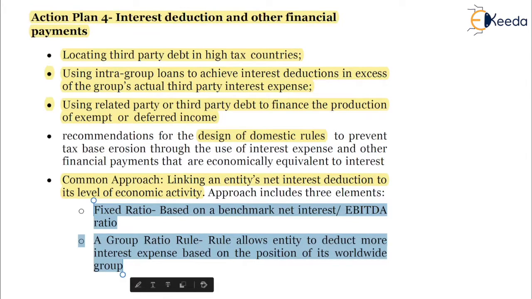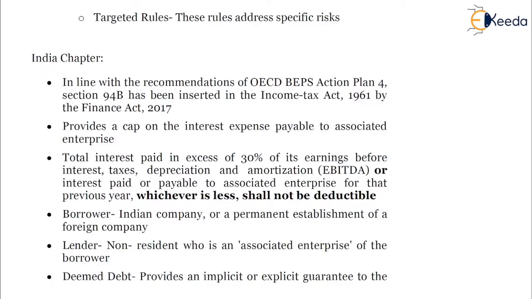In an example, if the overall group ratio, which is global level, worldwide level, is positive, then interest expense will be allowed as 100%. Right? So based on the group ratio rule, the position of the worldwide group will be considered for deducting interest, and last is targeted rules. These rules address specific risk.